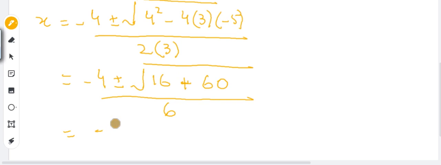This minus 4 as it is and plus minus under root, this would give us 76 divided by 6.